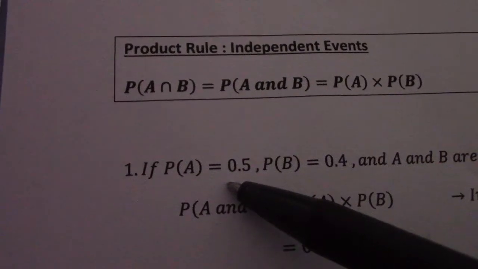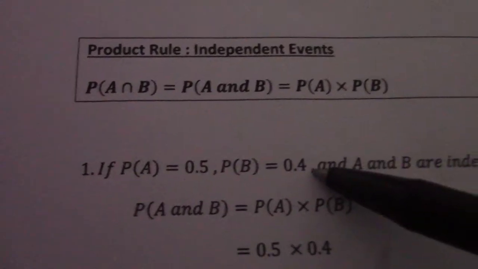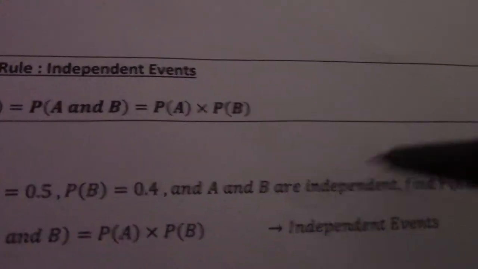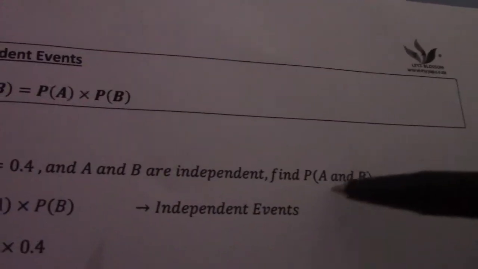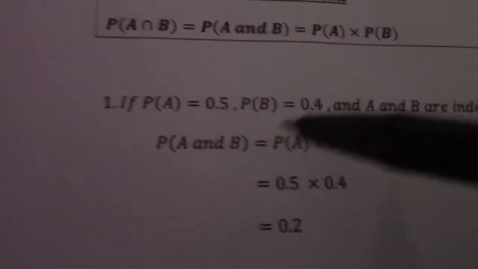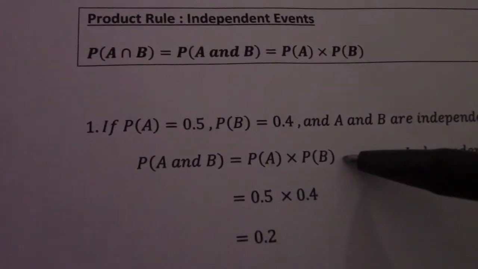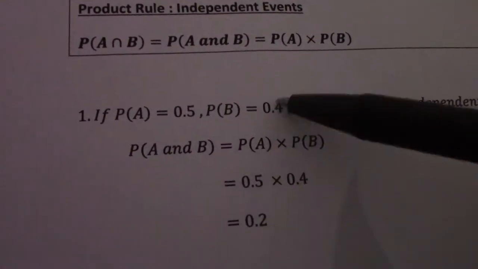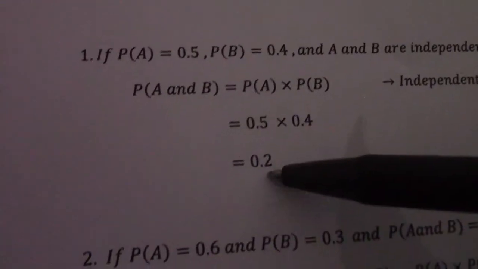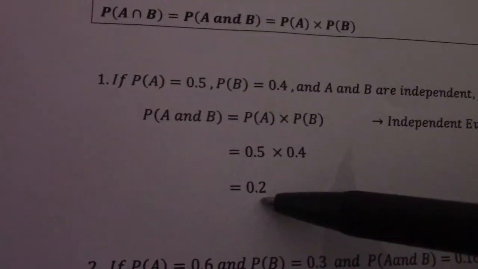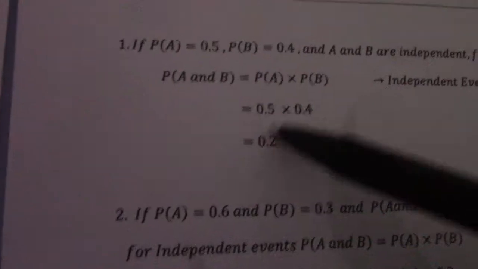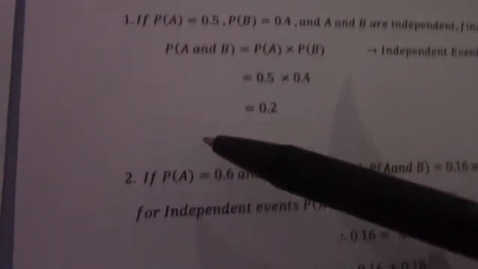The probability of A equals 0,5, the probability of B is 0,4, and we say A and B are independent. Find the probability of A and B. So, the probability of A and B must equal the probability of A times the probability of B. So, I say 0,5 times 0,4, which gives me 0,2. So that's one way to find A and B.